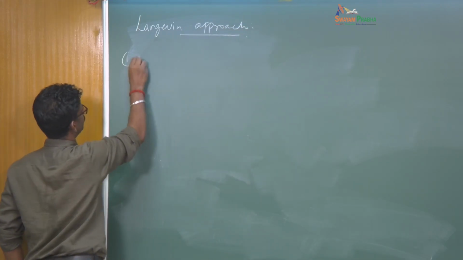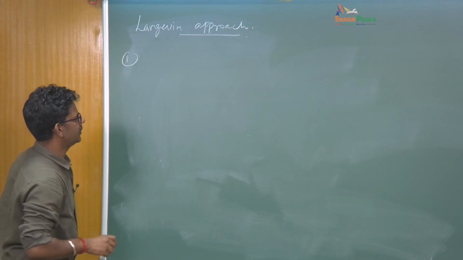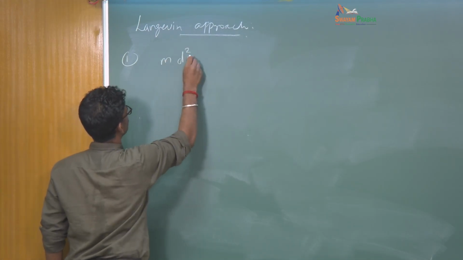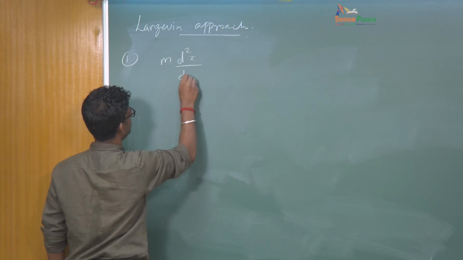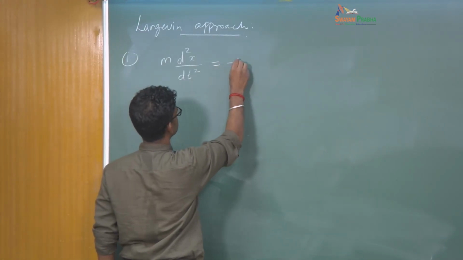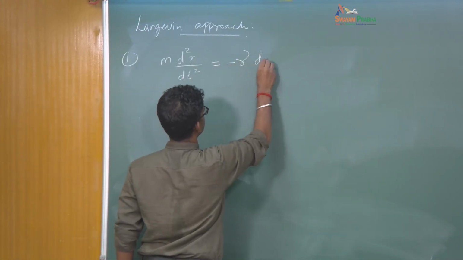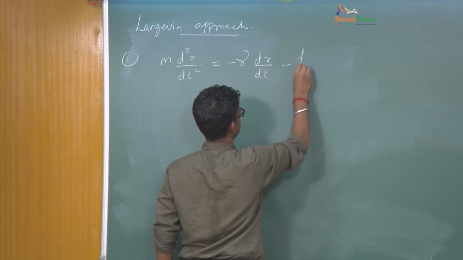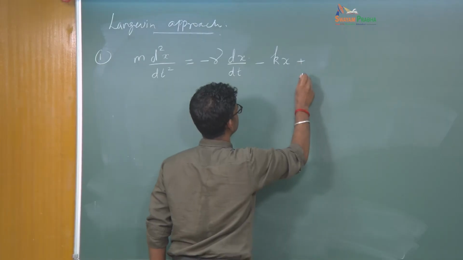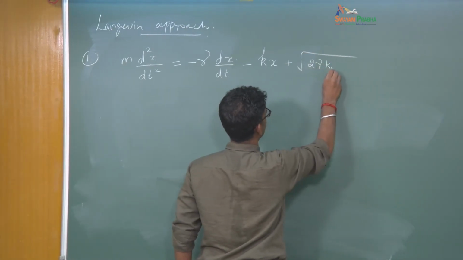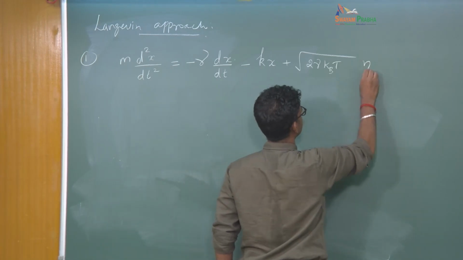So in the Langevin approach for problem 1, you would write m d square x by dt square, okay, m times the acceleration is equal to minus friction coefficient times dx by dt minus kx plus square root of 2 gamma k B T eta of t.